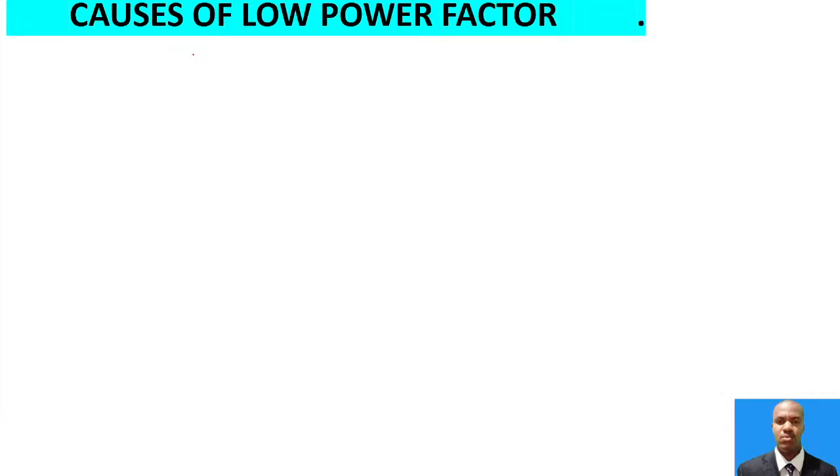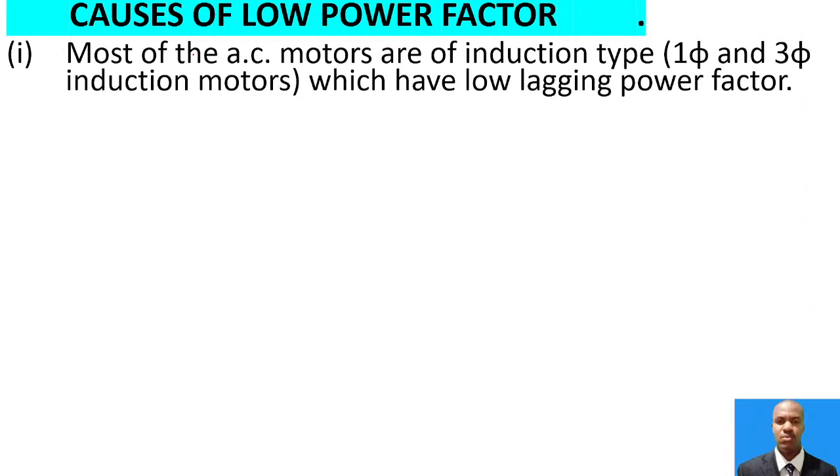So then the other thing is the causes of a low power factor. Cause number one, or the main cause of a low power factor, is that in most industries our AC motors are of the induction type.